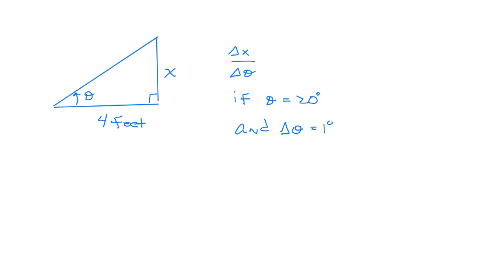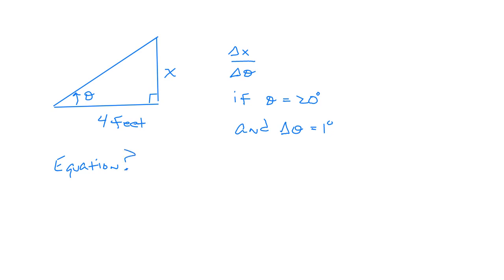Unless I'm going to get a protractor and a ruler out and start measuring this stuff, I can't tell you what delta x over delta theta is. So we need an equation.